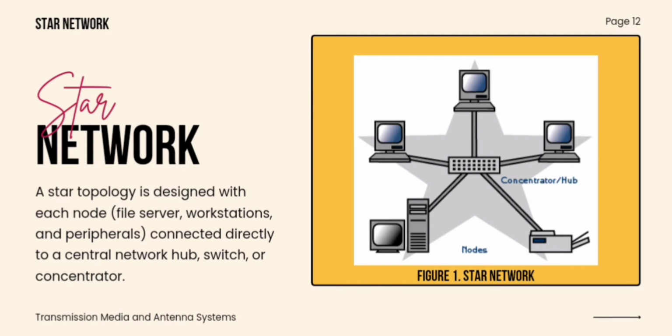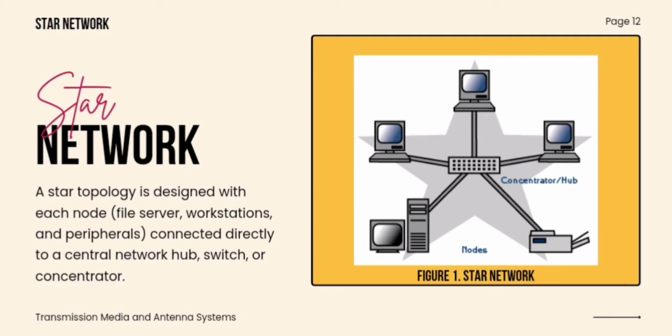Data on a star network passes through the hub, switch, or concentrator before continuing to its destination. The hub, switch, or concentrator manages and controls all functions of the network. It also acts as a repeater for the data flow.